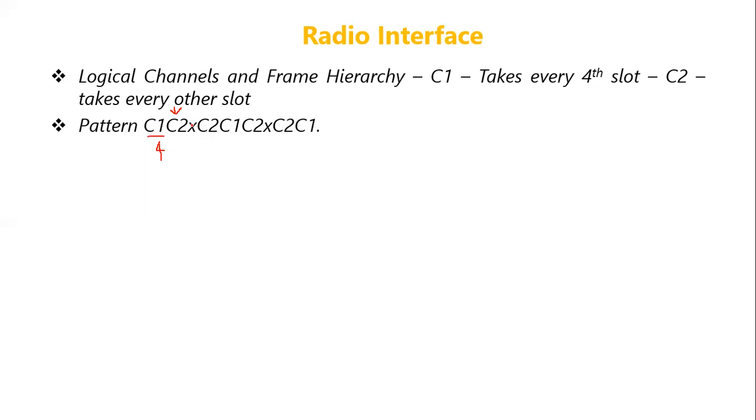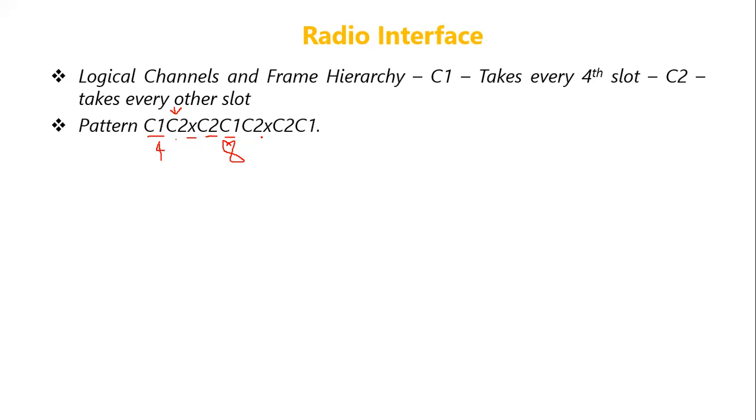Okay, so the next slot will not be C2 also, because C2 will be every other slot. So the next slot is some X, we don't know what that is. And after X surely there will be C2, because it will not be C1, as C1 will be every fourth slot. The next slot will be C1, because from here 4 plus 4 is 8: this is 5, 6, 7, 8, so every fourth slot will be C1. Next slot will be C2.